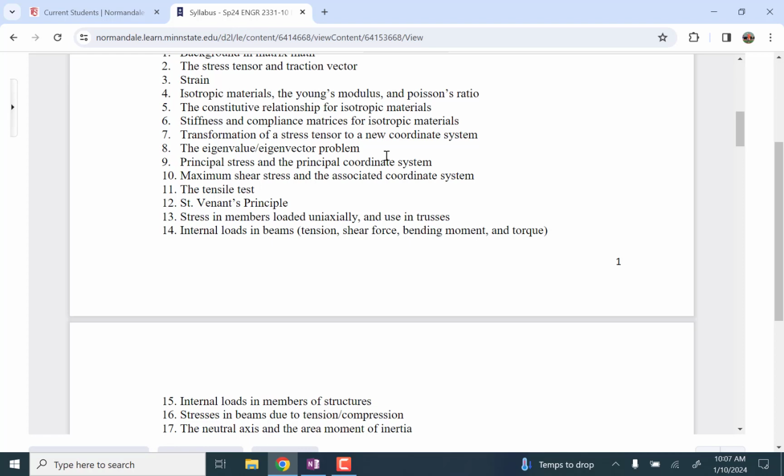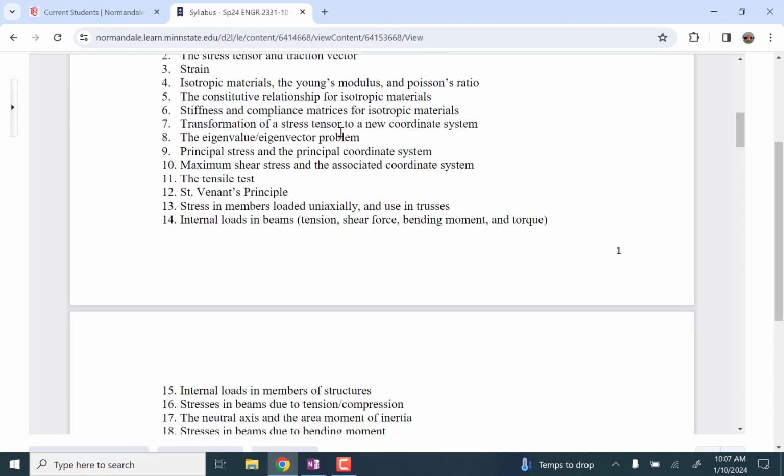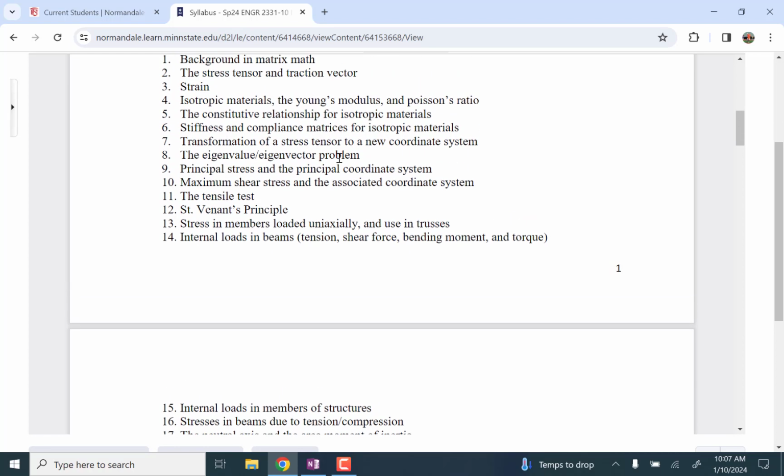Well, it turns out it's easier in a lot of ways to use a rotated coordinate system. So one thing you had to do was figure out what that weight force vector is expressed in a new coordinate system. The analogous thing for deform is, you know what the stress tensor is in one coordinate system. What is it in a new coordinate system? So that's transformations.